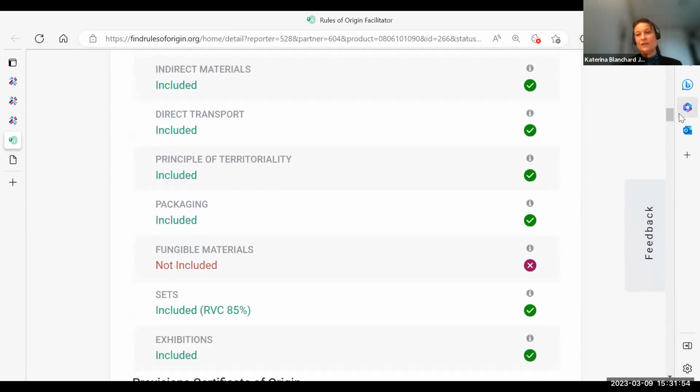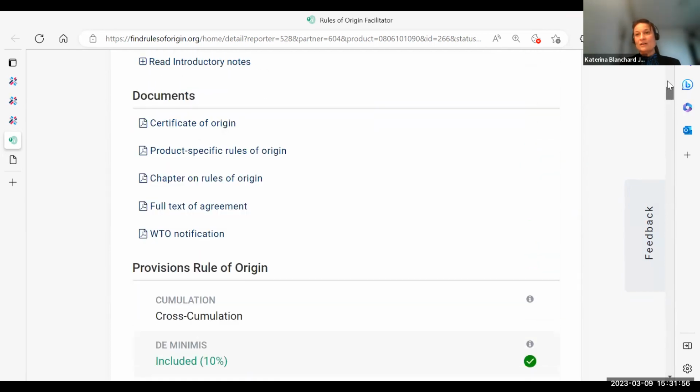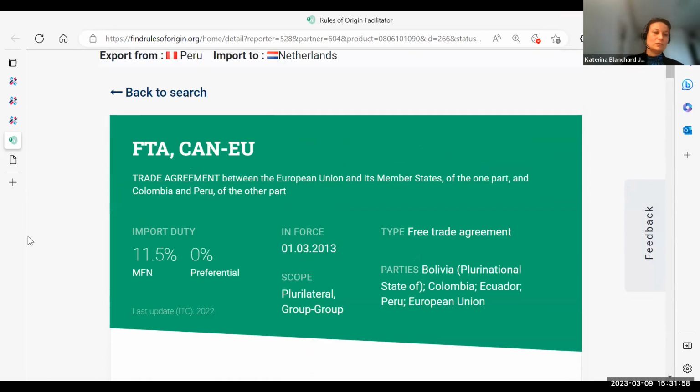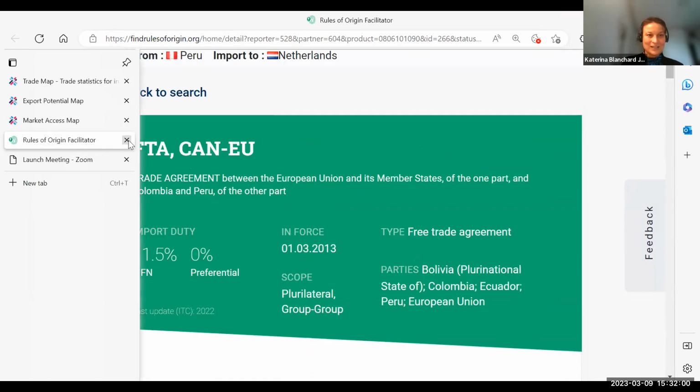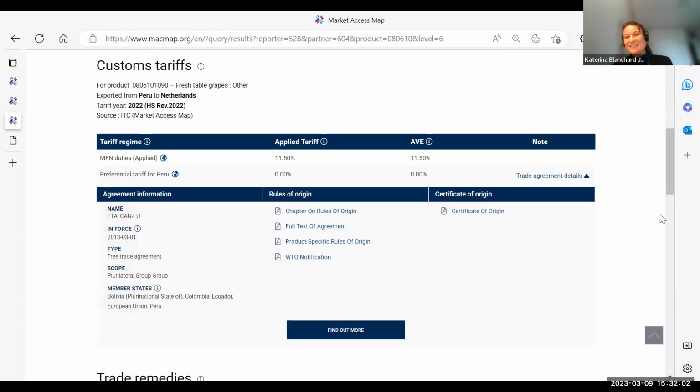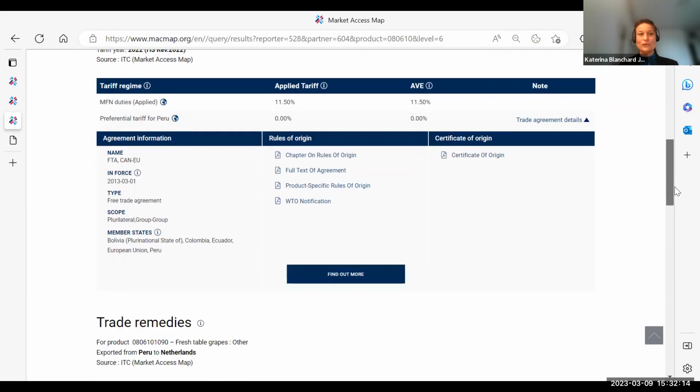And you have a very nice table with all the information related to the rules of origin. That was just to show you another tool, which is not the subject of our presentation today. And here, back in the market access map, we also have the sample of the certificate of origin, Form EUR.1, used for the European Union.